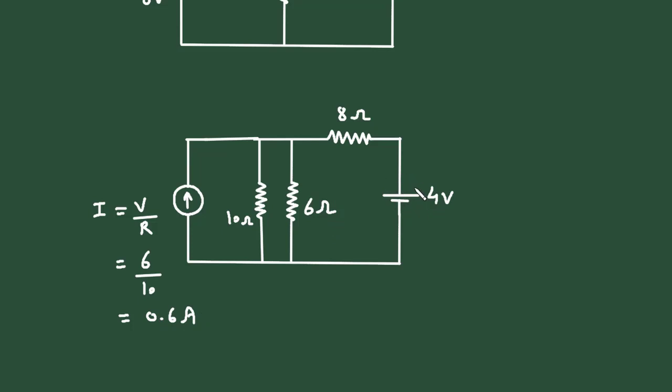Now we will convert this voltage source into its equivalent current source. So first of all we will erase this 8 ohm and convert it into parallel. So it will be of 8 ohm. And now we will convert this 4 volt voltage source into its equivalent current source.